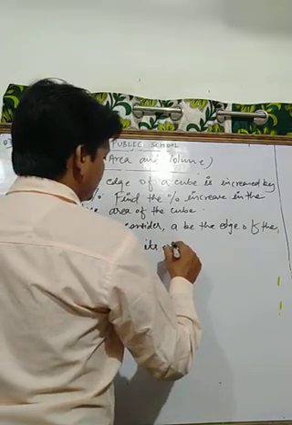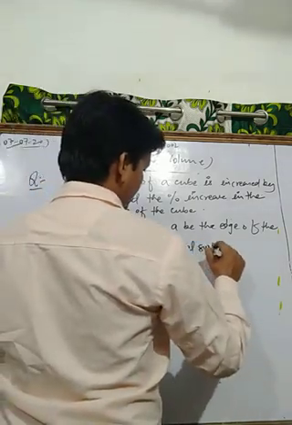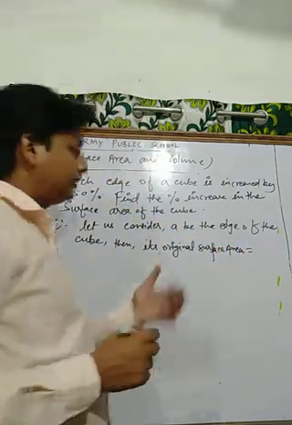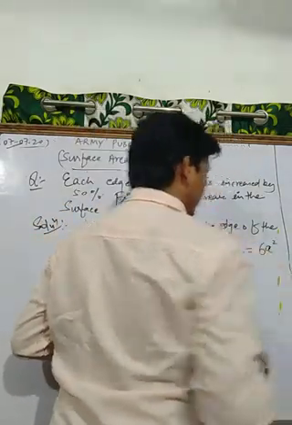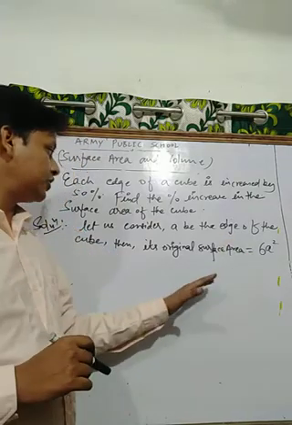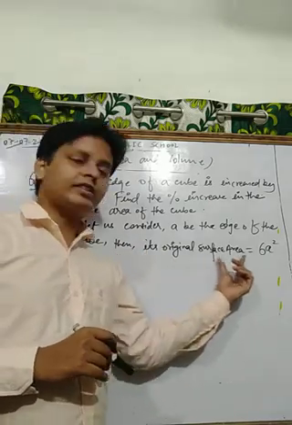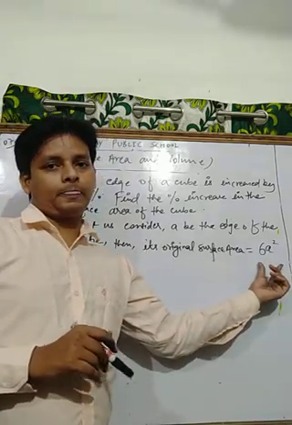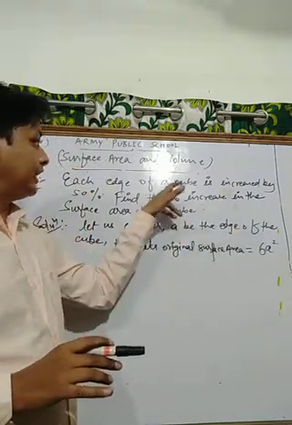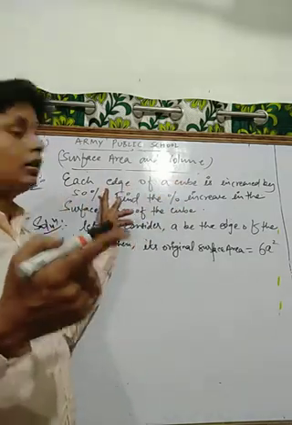Then its original surface area is 6 into side square, that is 6a square. This is the initial surface area of the cube. Initially, we take A be the edge of the cube, then its original surface area is 6a square. Now according to the question, its edge is increased by 50 centimeter.